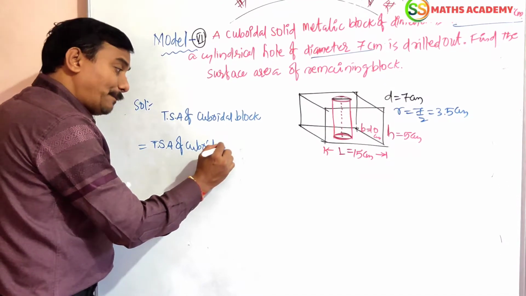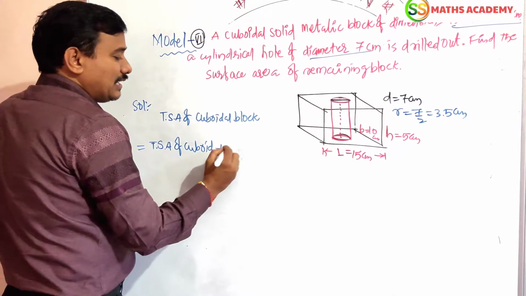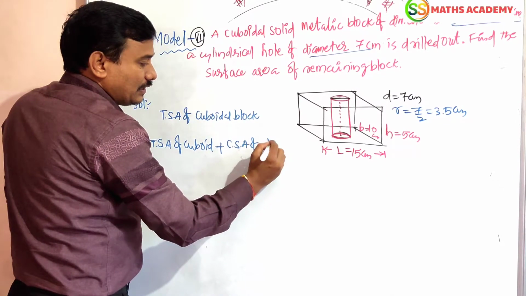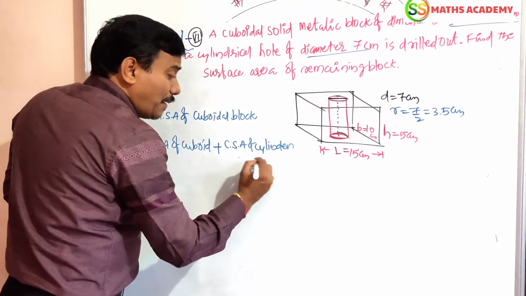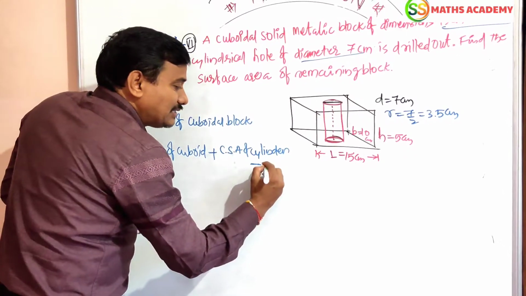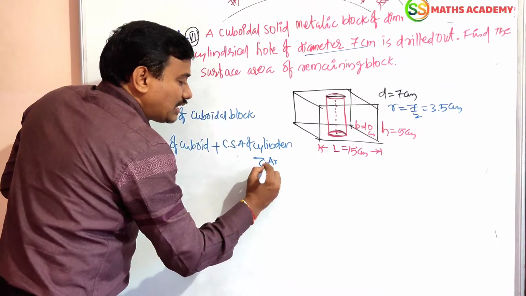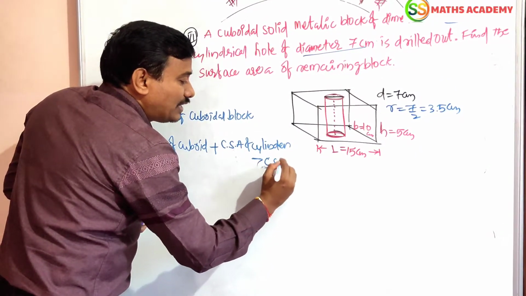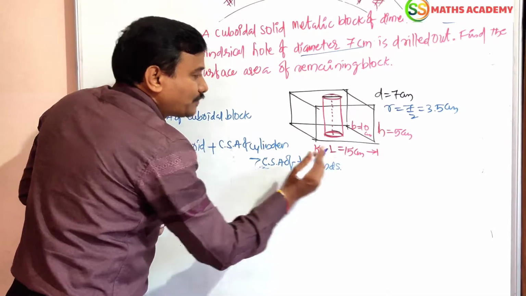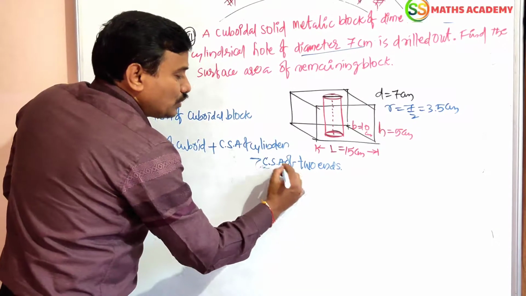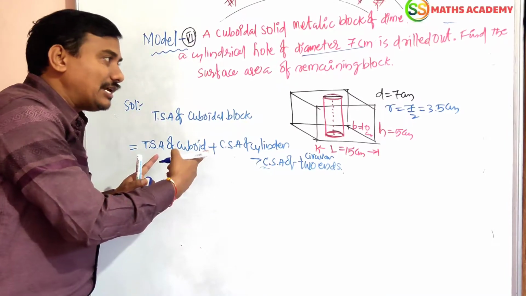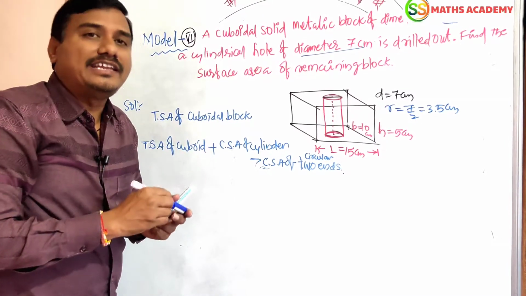Cuboidal block is nothing but the total surface area of the cuboid plus the curved surface area of the cylinder, minus, since it is drilled out, minus the area of the two circular ends. If you know this concept, the answer would be very easy.